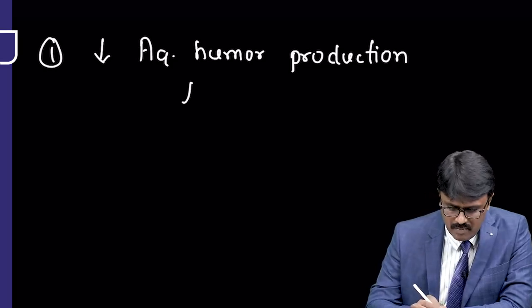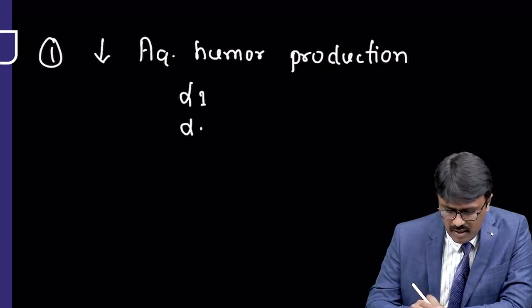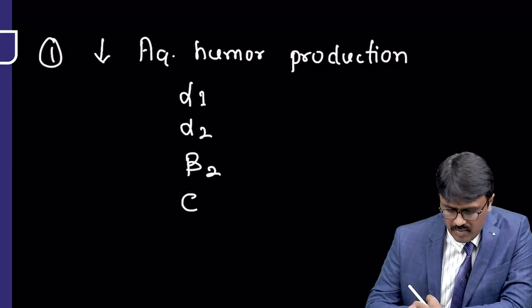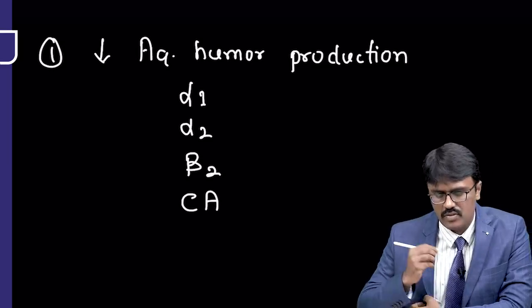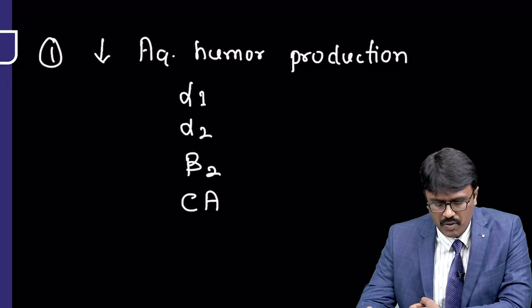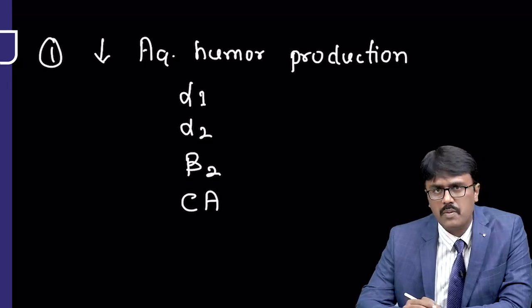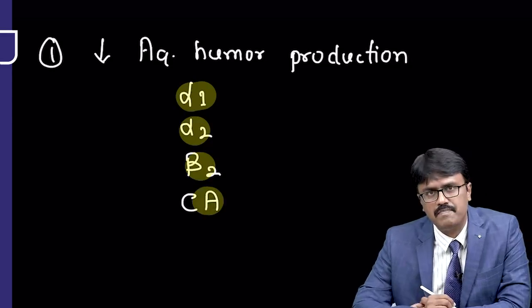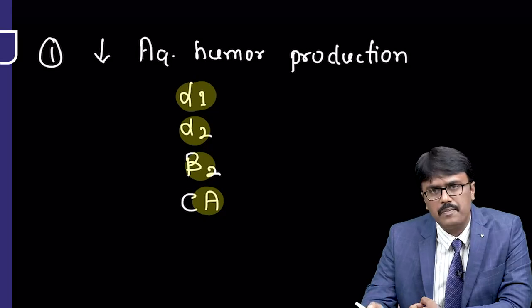In this we have receptors called alpha 1, alpha 2, then beta, particularly beta 2, and also an enzyme called carbonic anhydrase. They play a role in the production of aqueous humor. If I want to stop the aqueous humor production, then I have to do something with these receptors. So let us see what we can do.